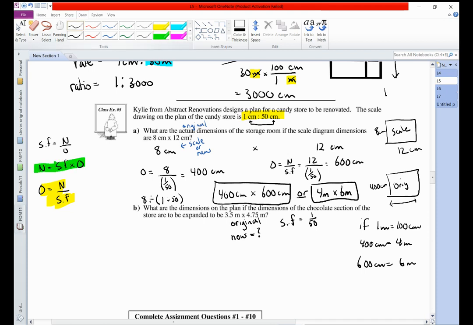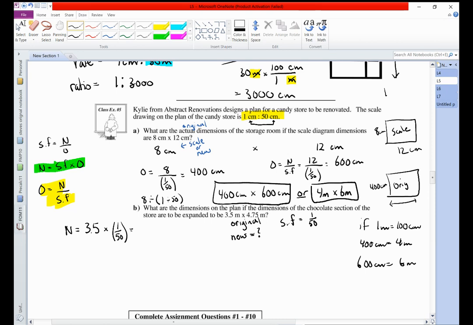So now I can say, well, new is going to equal, we have to do it for both dimensions, so we'll start with the 3.5 multiplied by 1/50, and we will get, what do we get? Just want to make sure I'm doing this right.